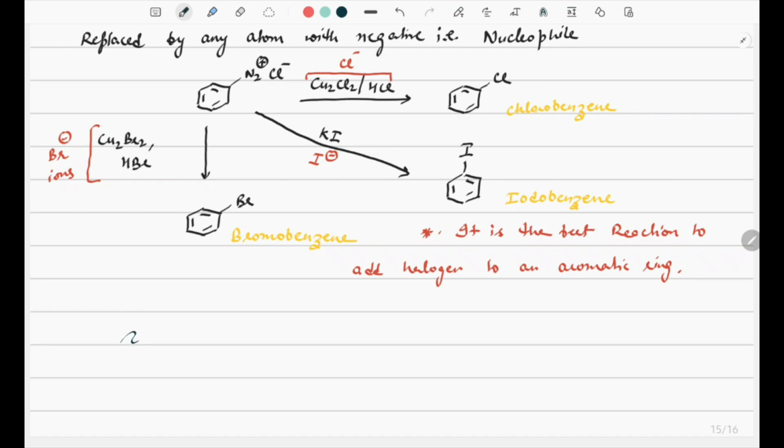Now, fluorobenzenes are prepared from diazonium salts. We will start with benzene diazonium chloride and react it with fluoroboric acid, that is HBF4. This HBF4 will give you F minus ions, which replace the nitrogen molecule to give fluorobenzene as the final product.